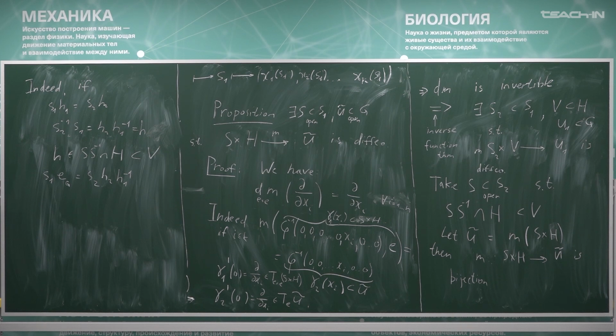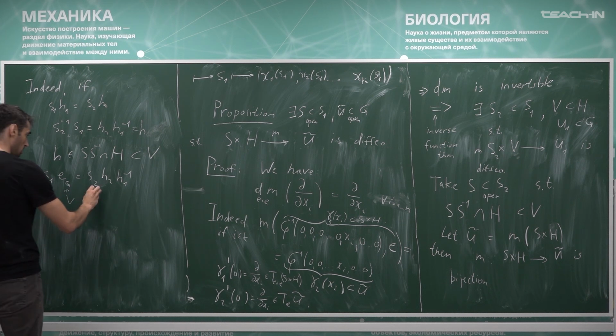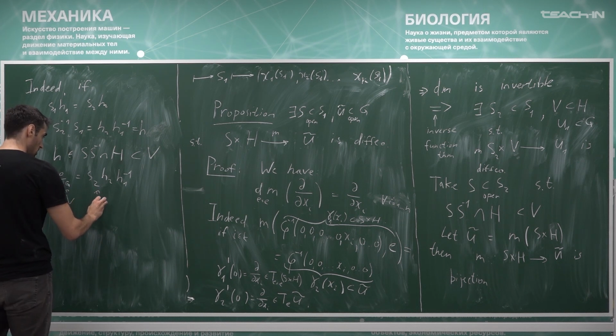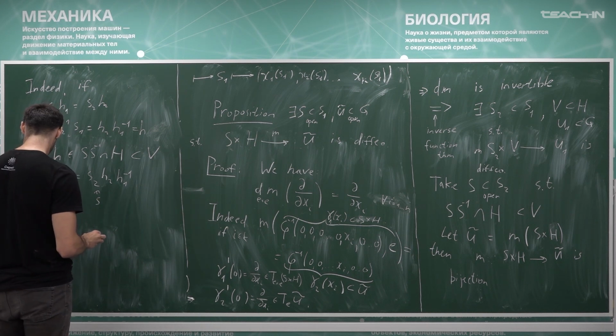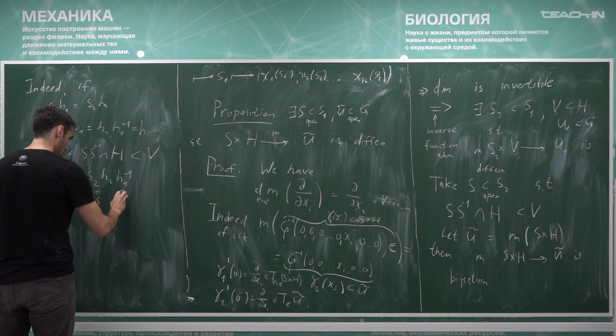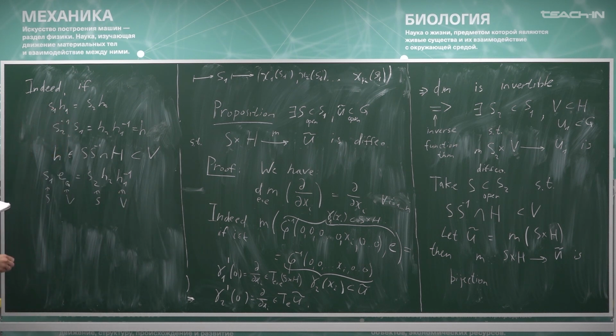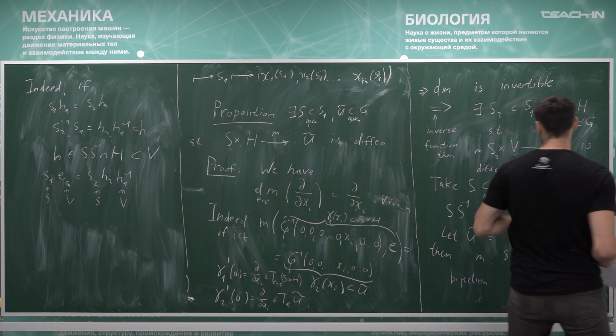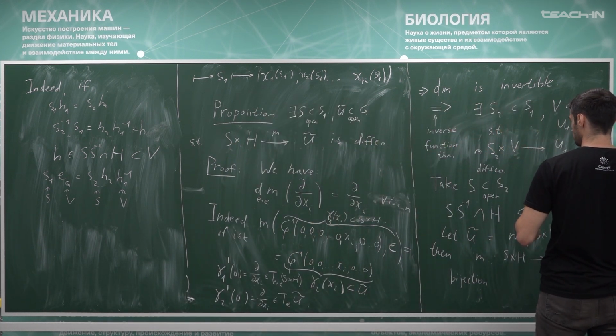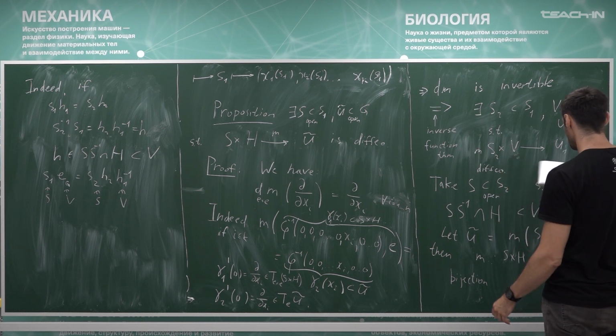Right? So we have this is in S, this is in V, this is in S, this is in V. And I know that this map is a diffeomorphism to its image.